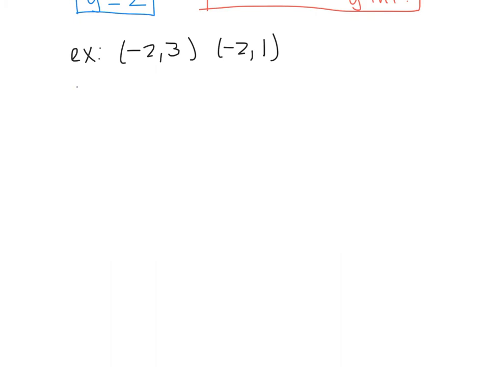First, we will find the slope. So we take the difference in the y values, 1 minus 3, over the difference in the x values, negative 2 minus a negative 2.